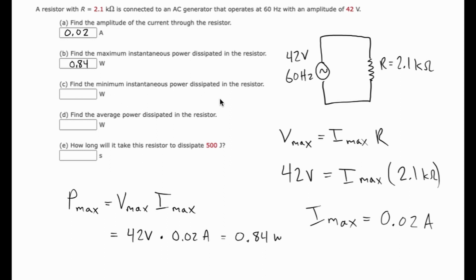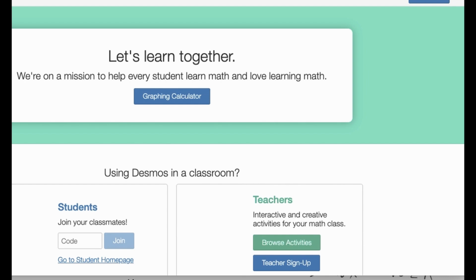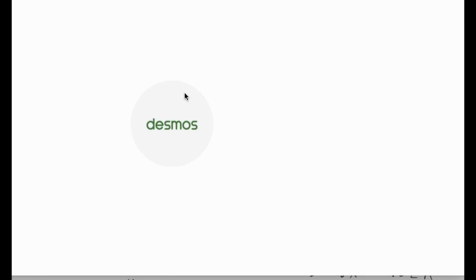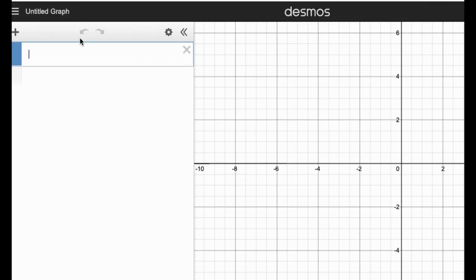Find the minimum instantaneous power dissipated in the resistor. So if we draw a graph of the voltage and the current, we can see what the power will do. So let me go to the browser. We can construct a function for the voltage. You could call it V of t and put in the amplitude of the voltage.